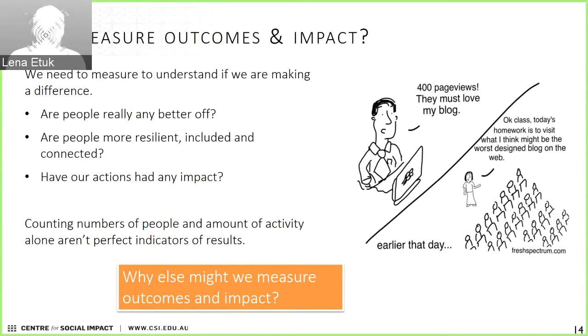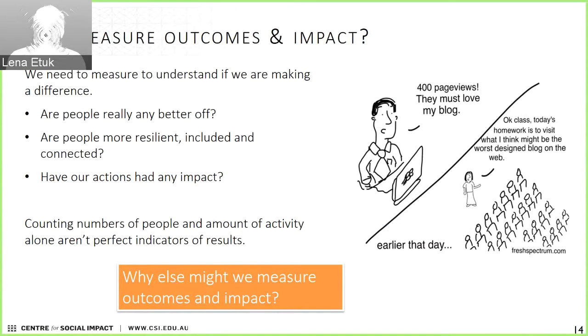So measuring outcomes and impact is actually a quintessential part of making sure that the work we're doing is actually useful and we're putting our energy into the things that actually do matter, because we care and we want them to matter. We believe that they should matter. So we want to use this opportunity to understand if people are really any better off from our work.